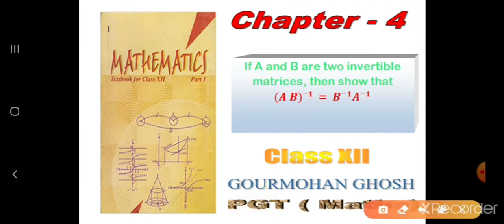A and B are two matrices given, which are invertible. Then you show that (AB) inverse is equal to B inverse A inverse. So here the product of A and B is given; first you find the product, then find the inverse. That will equal the product of B inverse and A inverse.